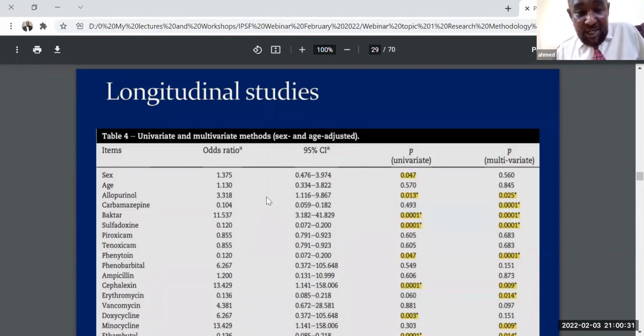Again here, when we are talking about odds ratio, an odds ratio of 1 indicates no difference or no relationship between exposure and outcome. If it is more than 1, that means the presence of the characteristic increases the risk compared to those who don't have the characteristic. And when the odds ratio is less than 1, that means the presence of the characteristic is protecting the subject.